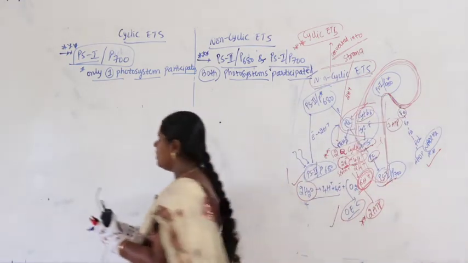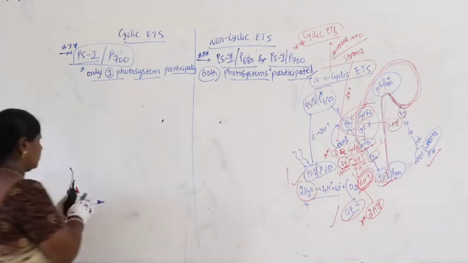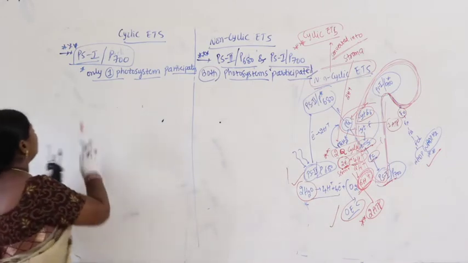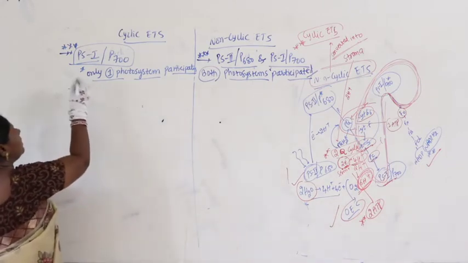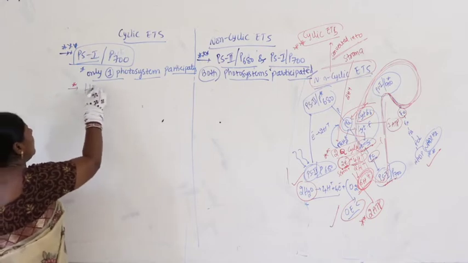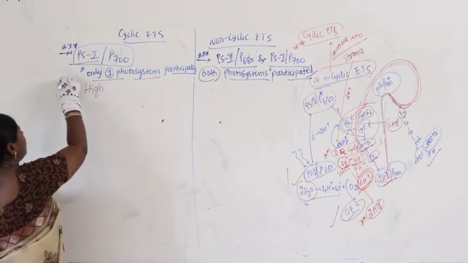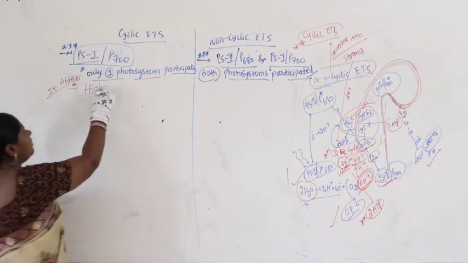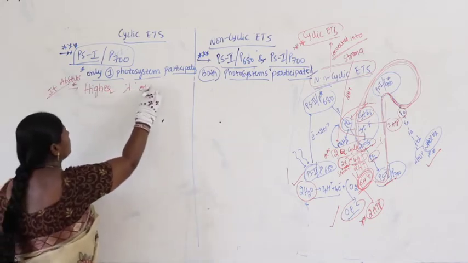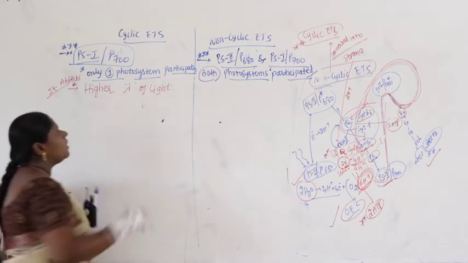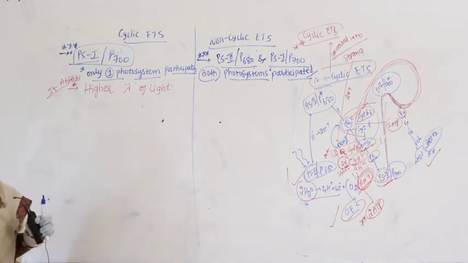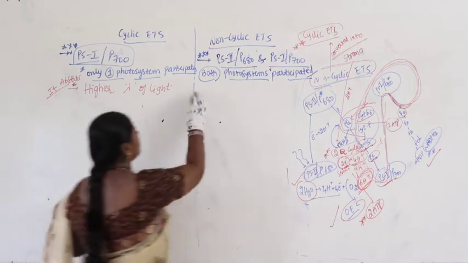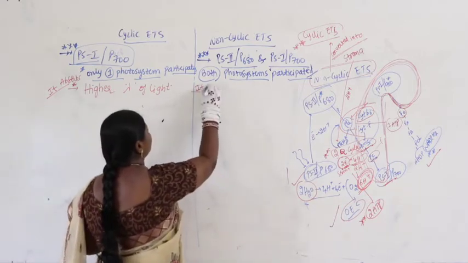Right. Here, better you can take the red mark. It absorbs a higher wavelength of light, better you write it down. In the non-cyclic electron transport system, it absorbs both.